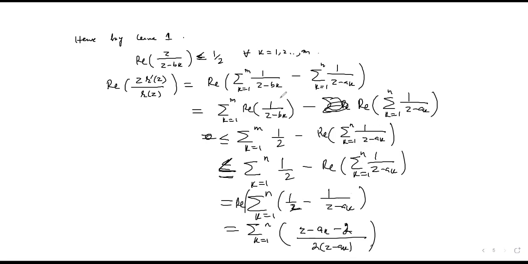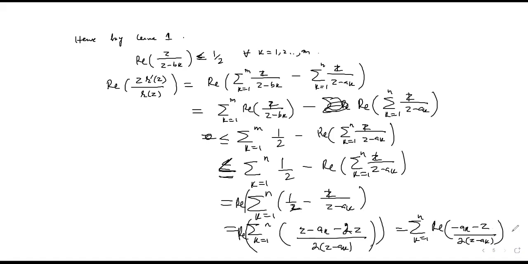Yes, I forgot that there was a z here, sorry, there is a z here. Of course it makes no difference, I only forgot to write z, so z was there throughout, so it would be minus twice z. Of course the real part is here, the real part of this whole thing, so that is the same as summation k runs from 1 to n, real part of this is minus 2z, so it should be minus ek minus z divided by 2 divided by z minus ek. Okay, so this is what I have.